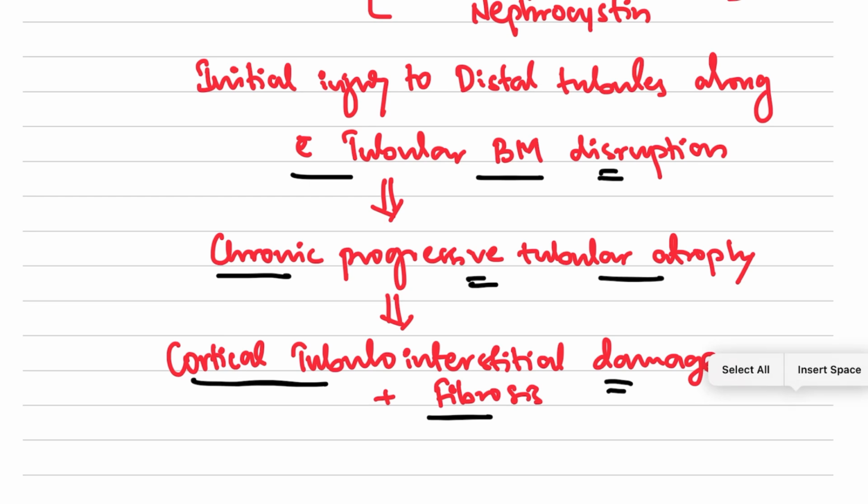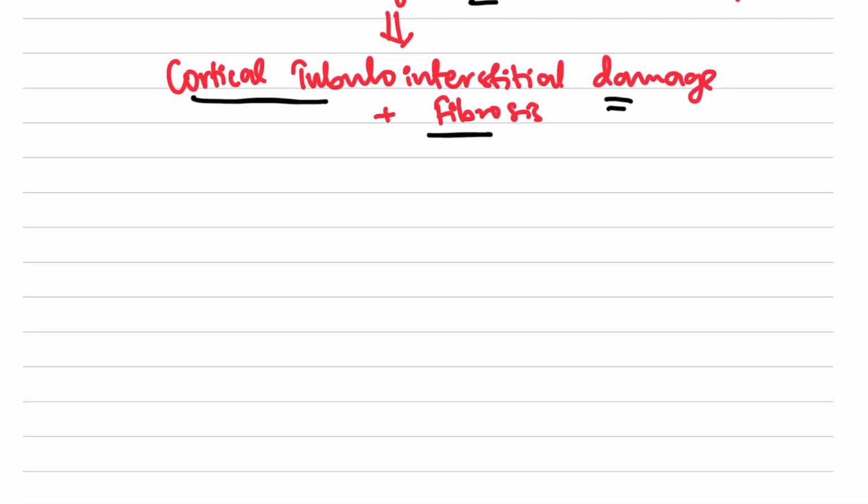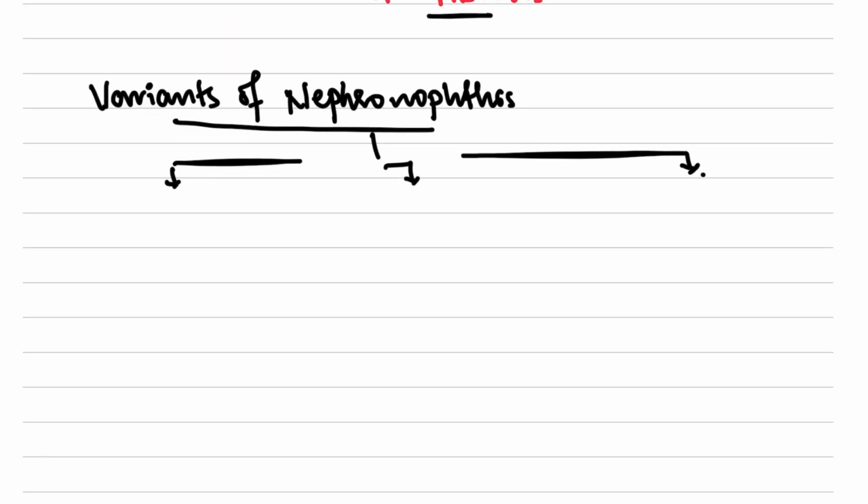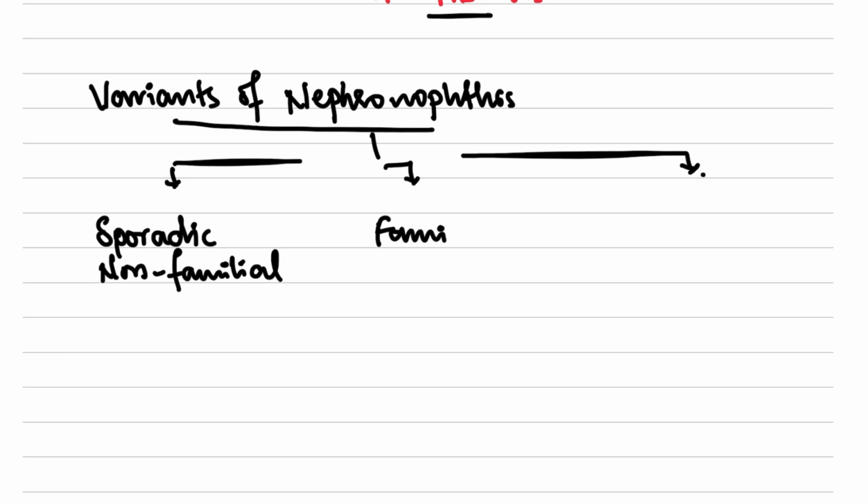There are three different variants of nephronophthisis. Number one, the sporadic non-familial variant. Number two, familial juvenile nephronophthisis.